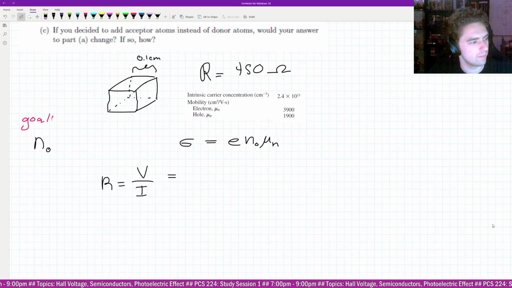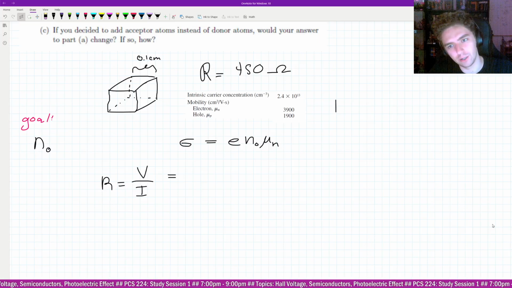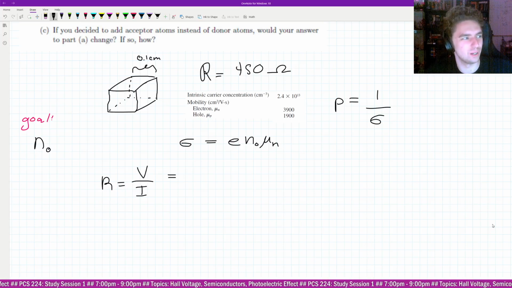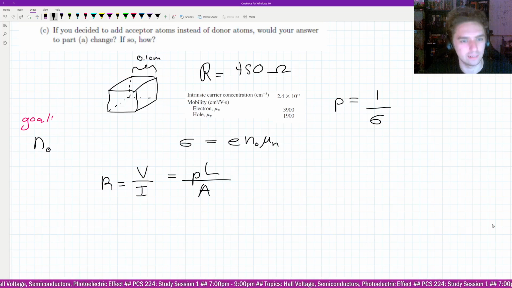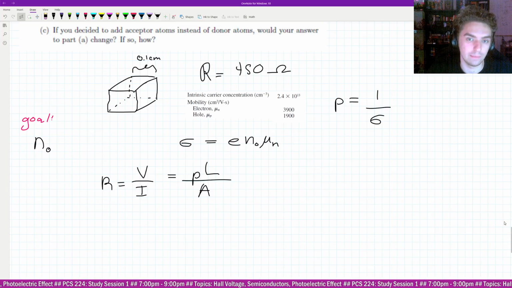So we have here, first of all, another fact we know: resistivity is equal to 1 over conductivity. I mean, that's the same thing, I just said it backwards. This is equal to resistivity times L over A. L over A, we do know what that is, right?